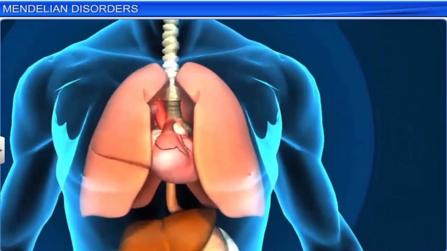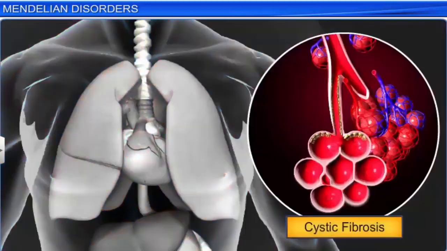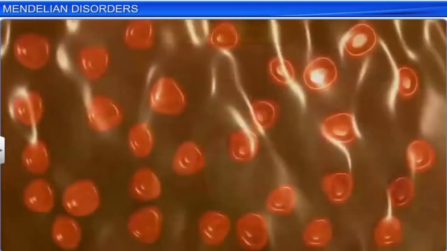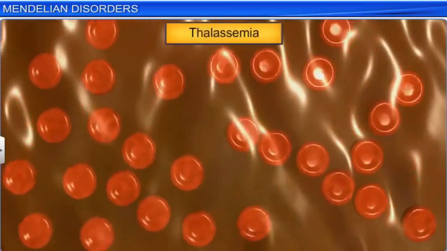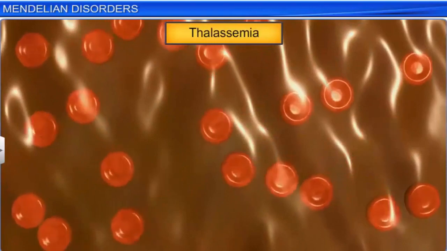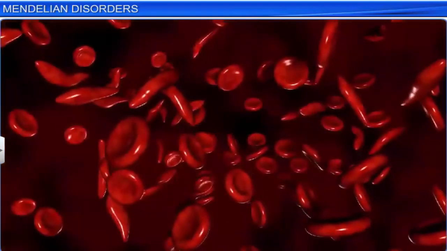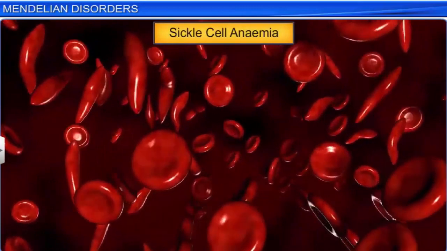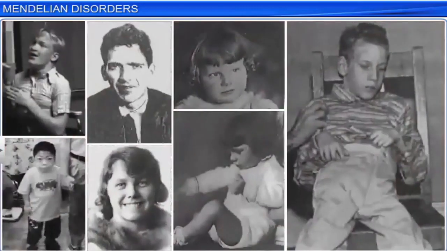Some Mendelian disorders are cystic fibrosis, hemophilia, thalassemia, sickle cell anemia, and phenylketonuria.